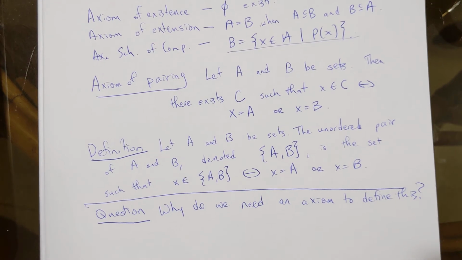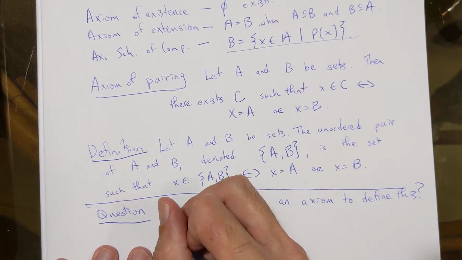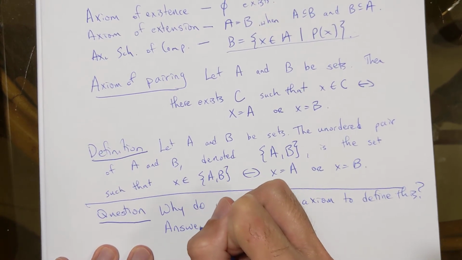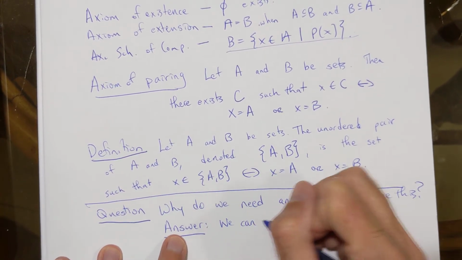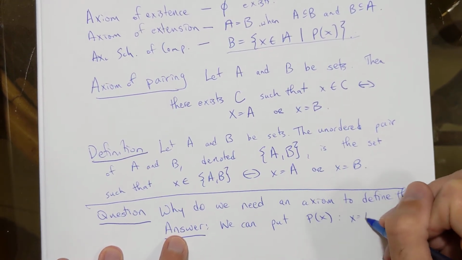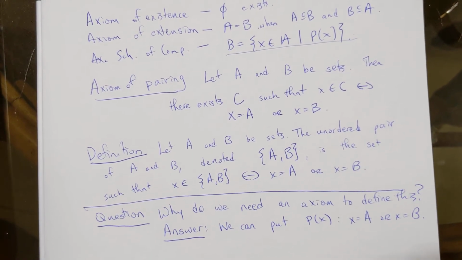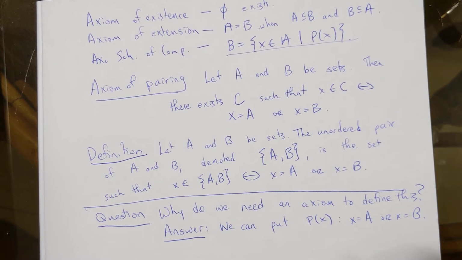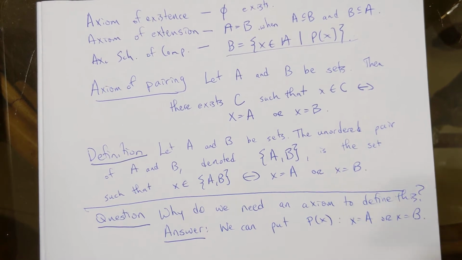This is just my rough answer. You can put P of X to be X equals A or X equals B, but in order to apply the axiom schema of comprehension, we need a set where A and B both live inside.